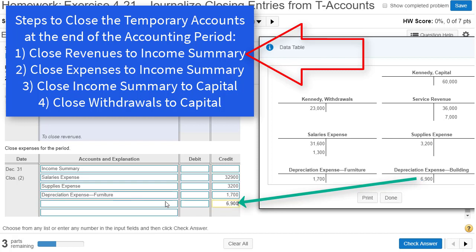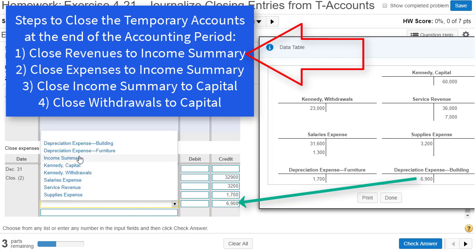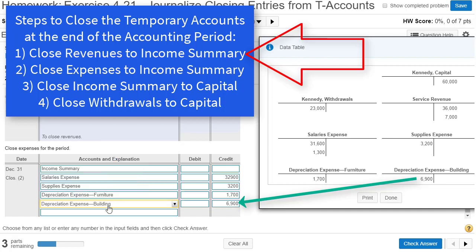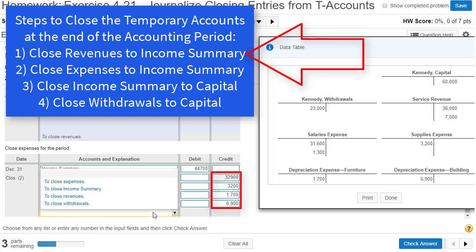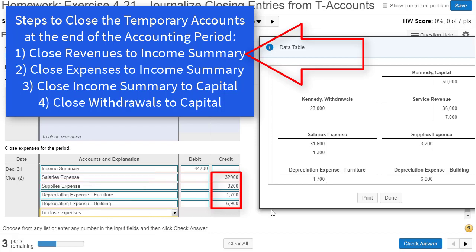So to close that, we have to credit it the opposite side. Depreciation expense building. So now we're going to add these up. And these credits will add up to the single debit. And that looks like it is 44,700. And this step was closing our expenses.